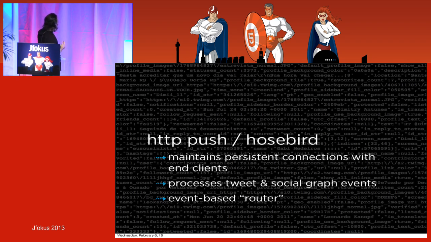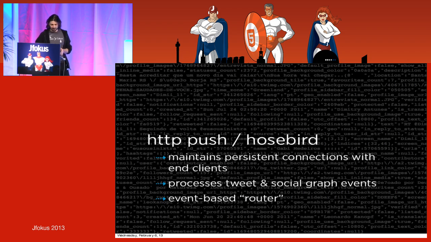We have a service that's called Hostbird, and this maintains persistent connections with the end clients. It is mostly a routing cluster. Right now, for all public tweets, you need about 25 megabytes per second bandwidth to consume all the public tweets.